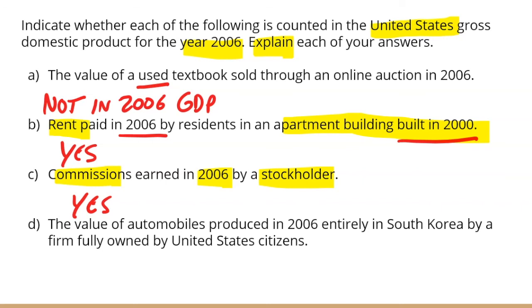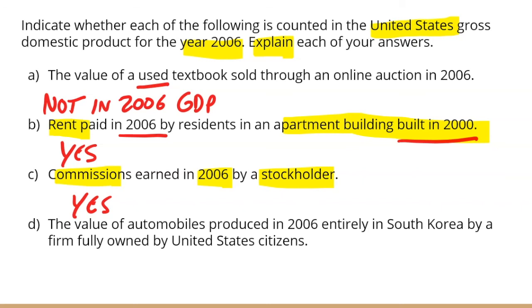The reason why commissions are counted towards the GDP is because the commissions represent income for providing a service in the current year of 2006. So it's income generated by providing a service to someone else. And because of that, this commission is considered to be a part of the 2006 GDP.